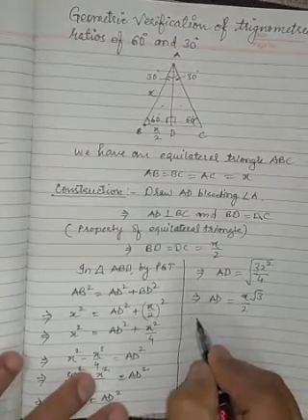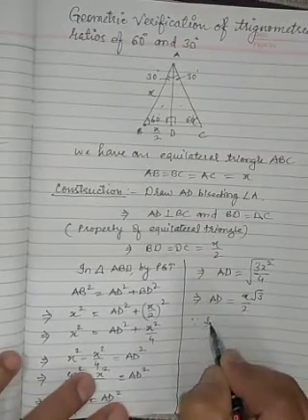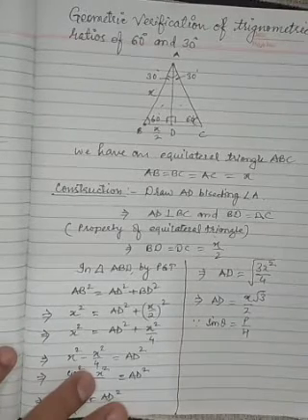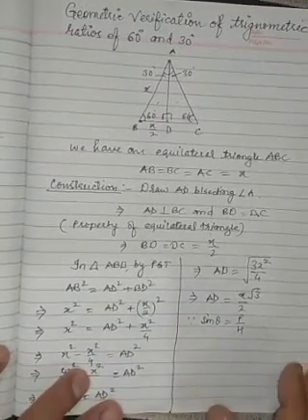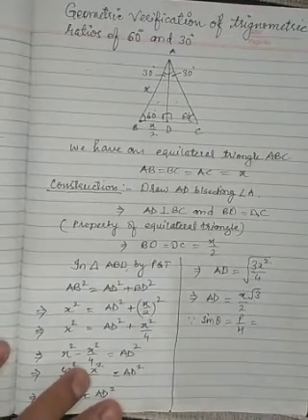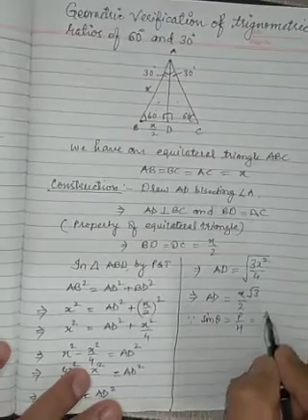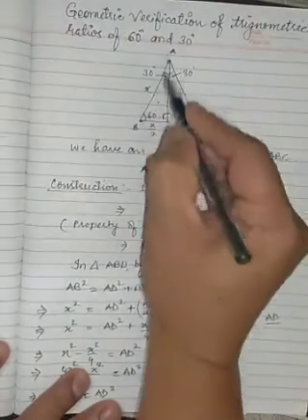So we know that sine theta is equal to perpendicular upon hypotenuse. In this triangle, it is perpendicular AD upon hypotenuse AB.